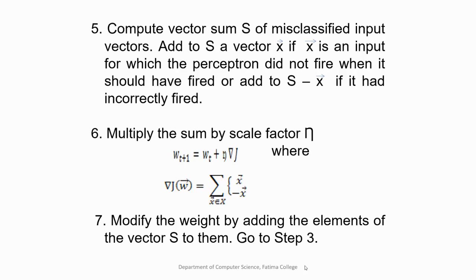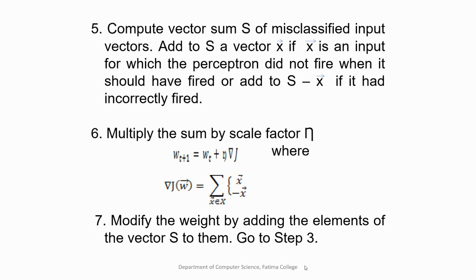So Wt plus 1, where t is the time at which the weight is taken. At every increment, the old weight becomes the current weight. So Wt plus 1 will be given by Wt plus eta delta j, where delta j will be the summation of the x vectors, which are either added or subtracted accordingly. So that is how the weight is calculated.